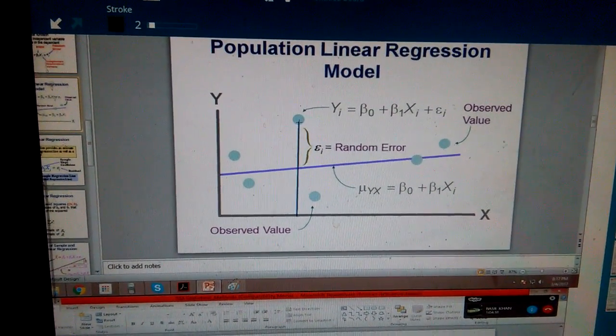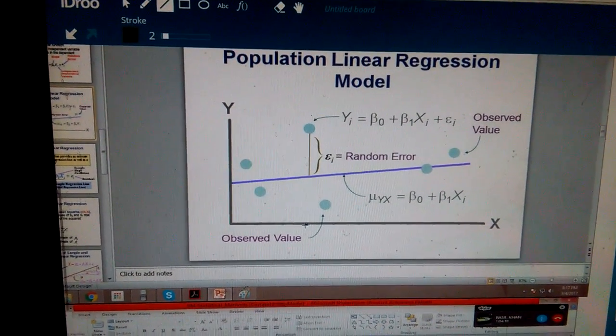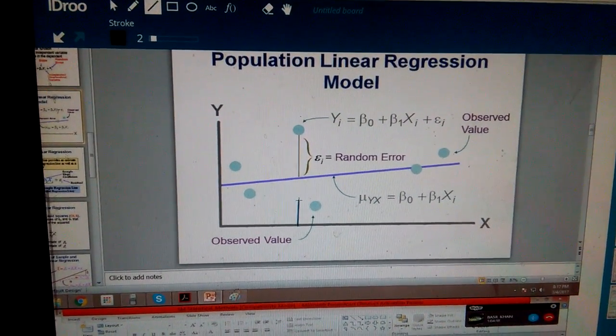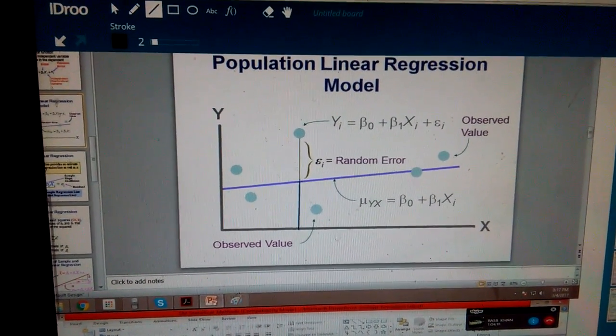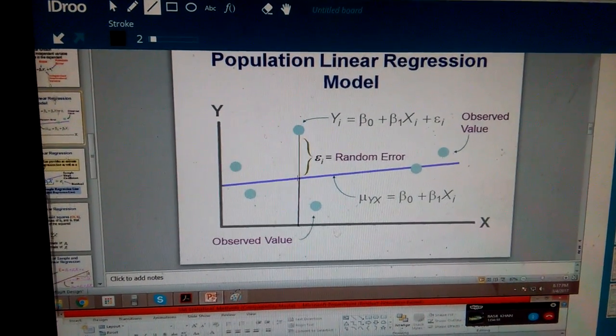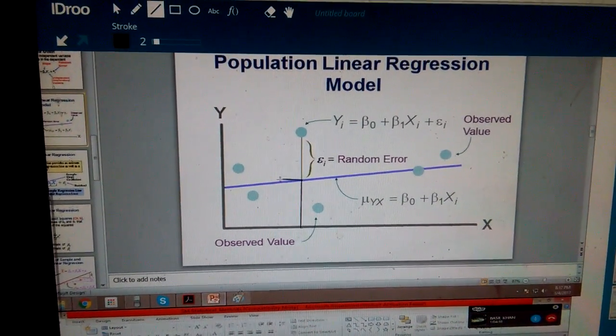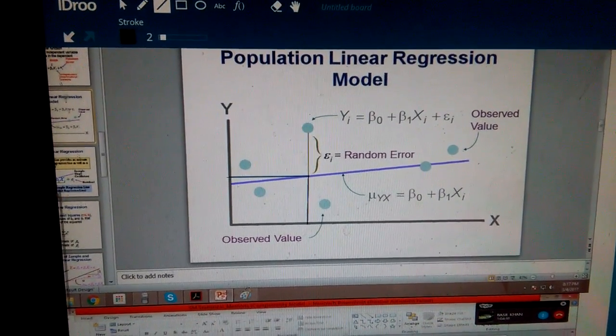As far as the estimated value is concerned, with the same value of x, this x puts its projection on the best fit line right over here. So this point represents the predicted value of your y.